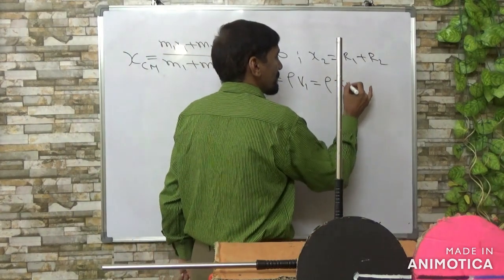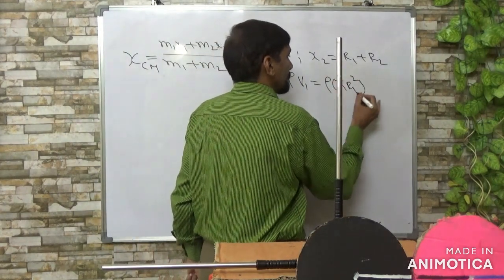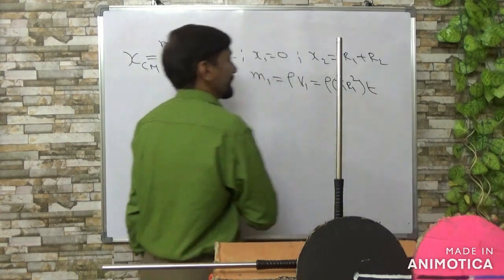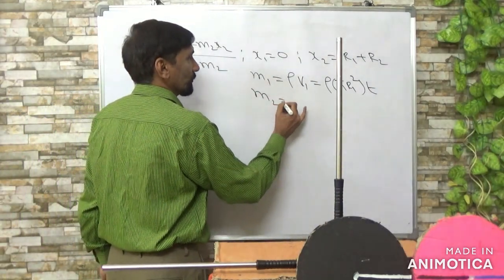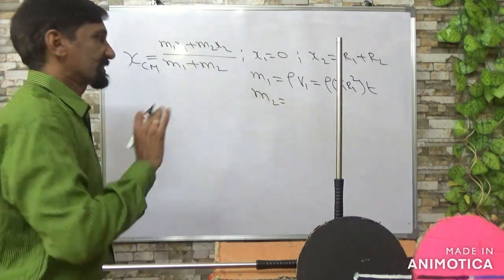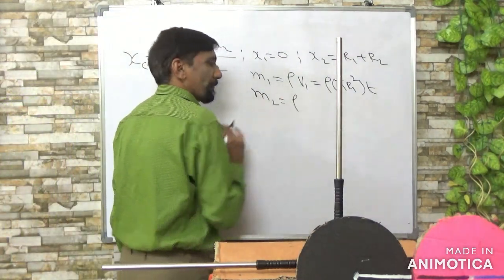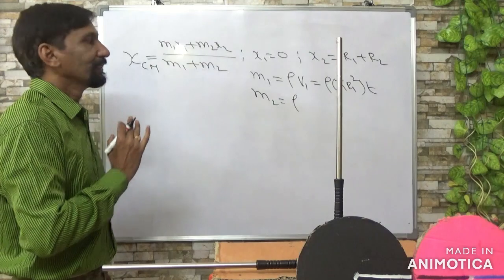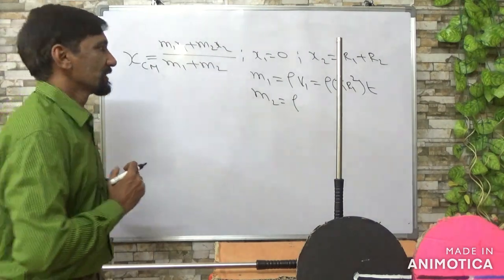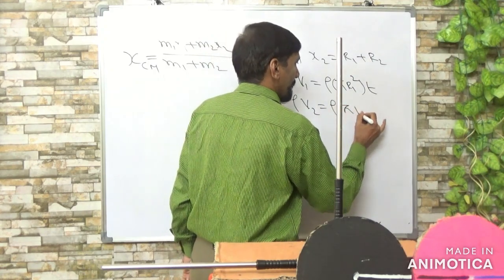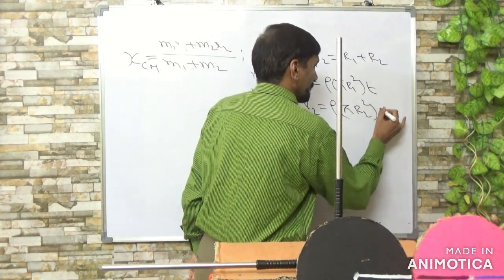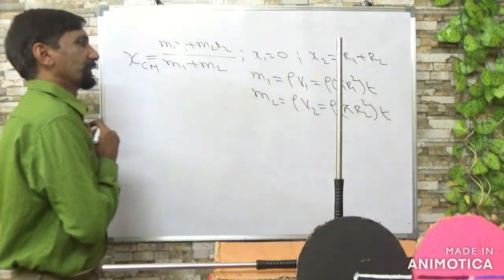Area is pi r1 square, right, into thickness T. Okay, next, m2, the mass of the second disk. Both are made of the same material, so density remains the same: rho pi r2 square into the same thickness.